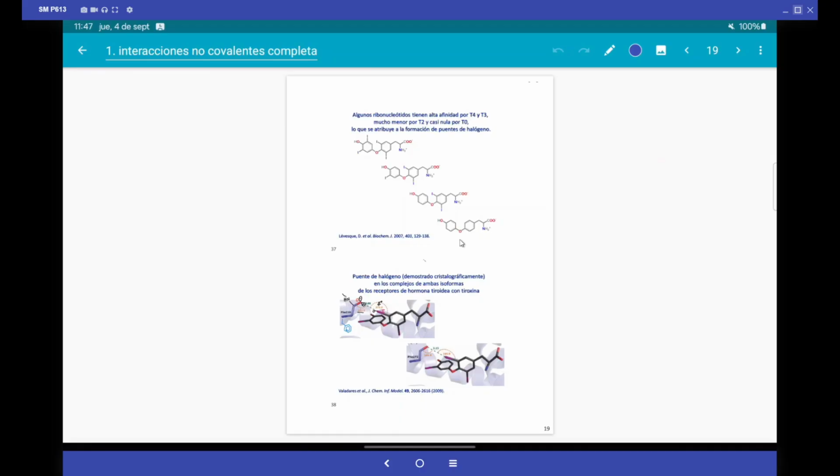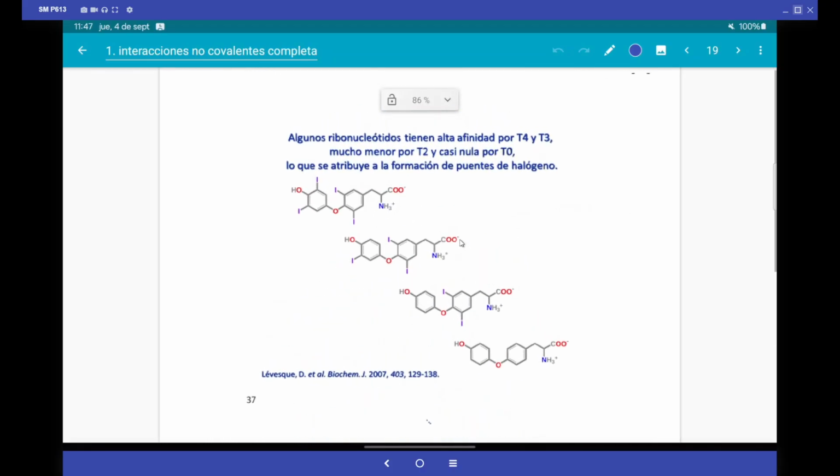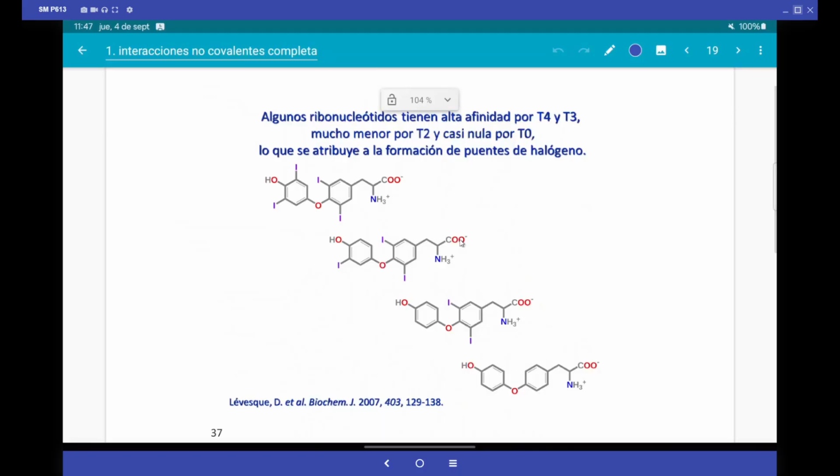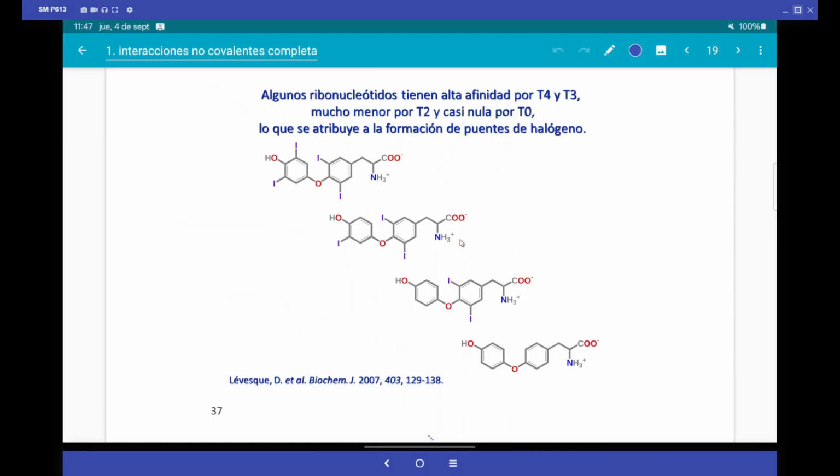It is derived from thyroid polyiodinated compounds. We have here, technically speaking, these four molecules, which are amino acids. Of course, they are amino acids, but not structural amino acids of proteins.